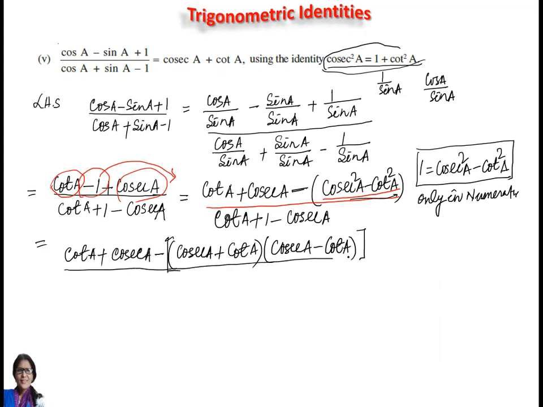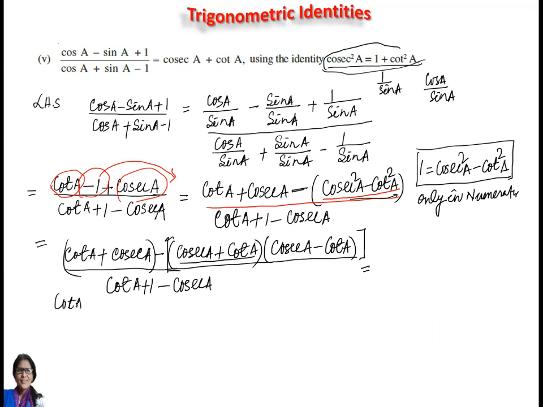Upon how much? Cot A plus 1 minus cosec A. Now see, within bracket I am getting another cosec A plus cot A. Here one is cosec A plus cot A. So whole cosec A plus cot A I'll take common.